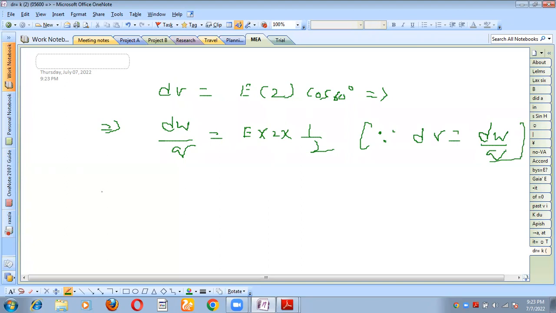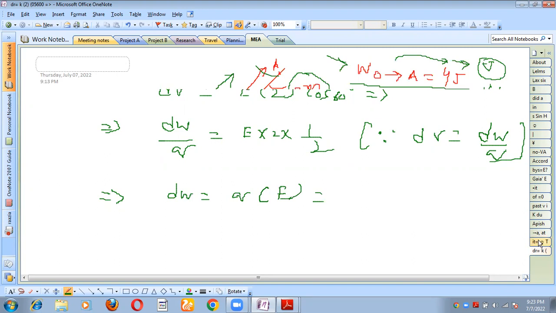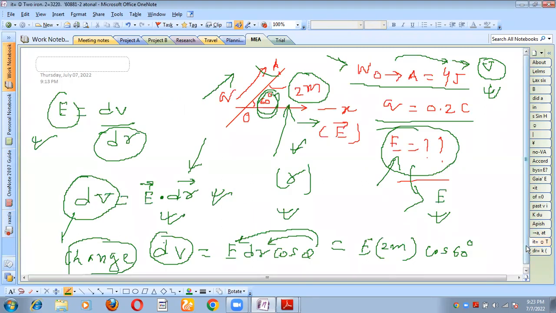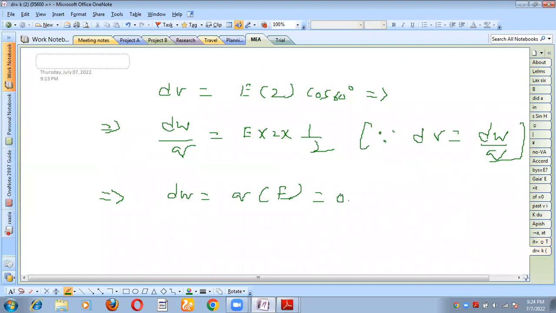So from there you can write dW is equal to Q into E. 2 and 2 cancel out. What is the value of charge? Charge is given as 0.2 coulomb. So I will put here 0.2 into E, and in the question work done is given as 4 joule.